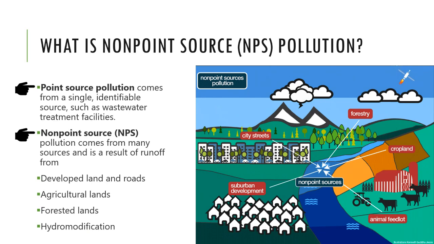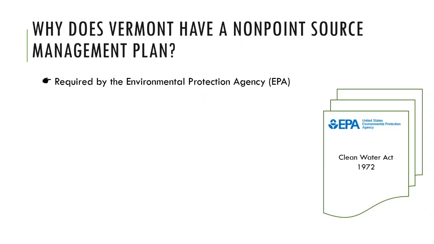So it's a bit of a more complex beast. A lot of different pollutants can be associated with non-point source pollution. And I will get into a little bit more about that as we go through the presentation. Okay.